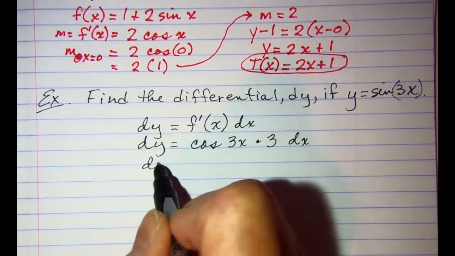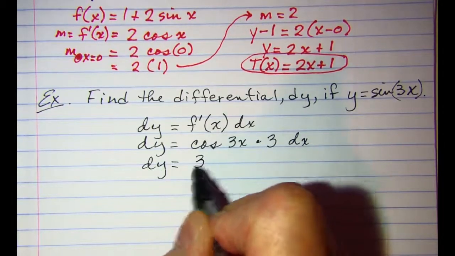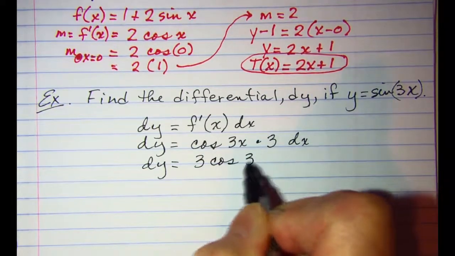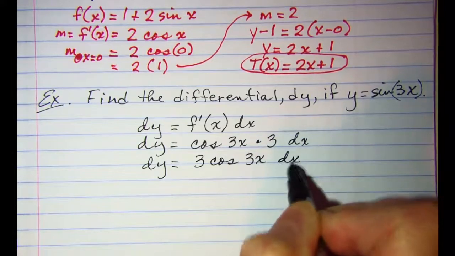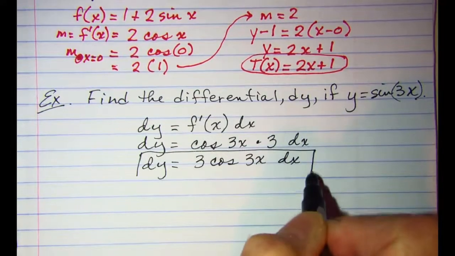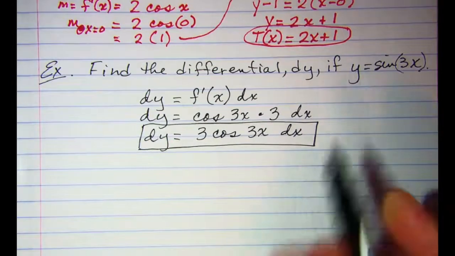So our dy is equal to 3 cosine 3x dx. One more.